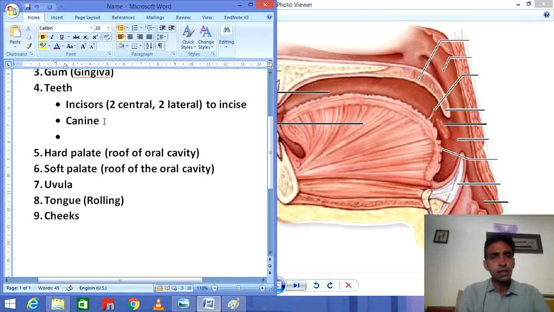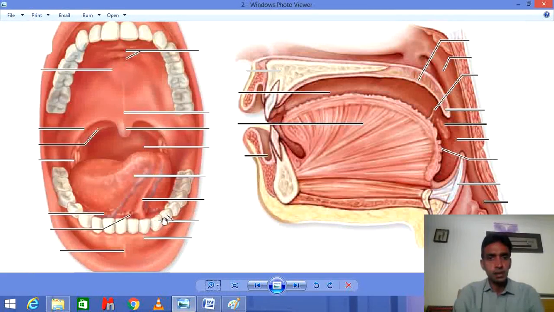The canine has the same function, but for food that cannot be incised with the help of the incisor, the canine does the same work. The canine is present very efficiently in animals.